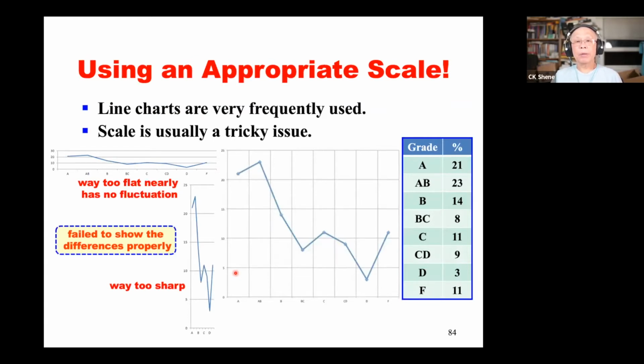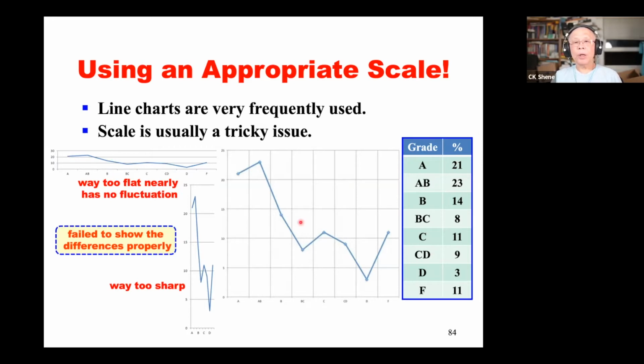never ever misrepresent your data. So here is a grade and percentage of a class. A has 21%, AB has 23%, and so on. The failed one, 11%. We want to draw a graph or a chart to present this data.